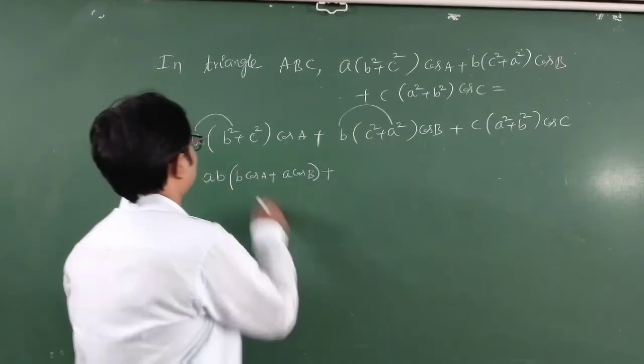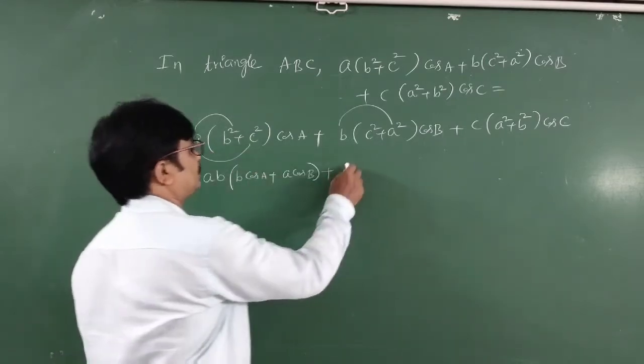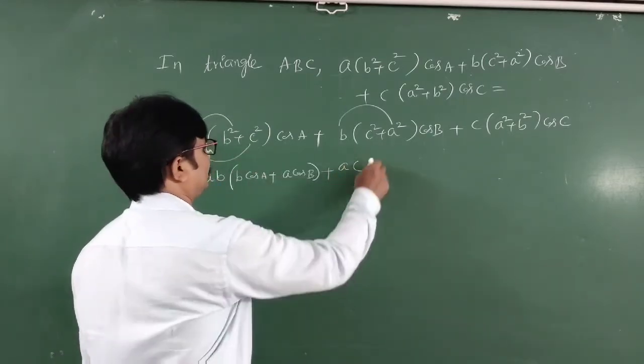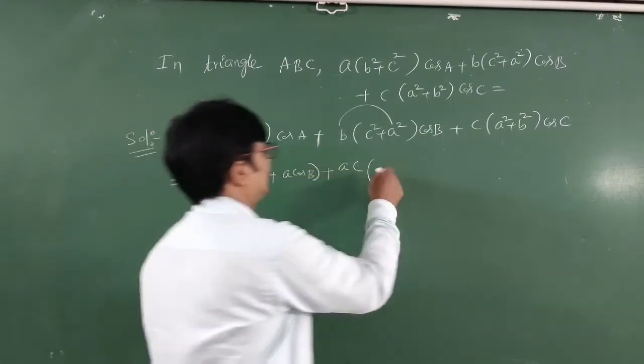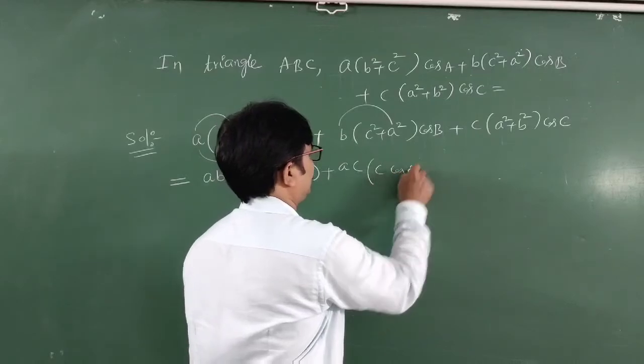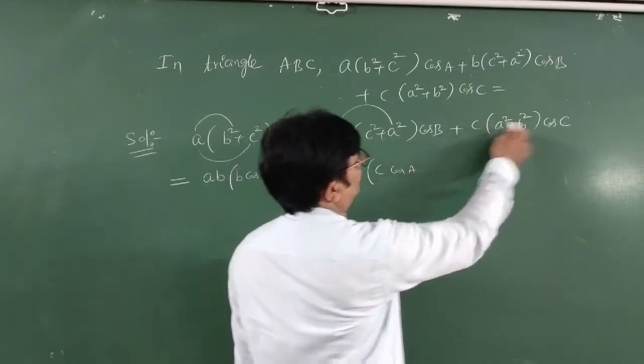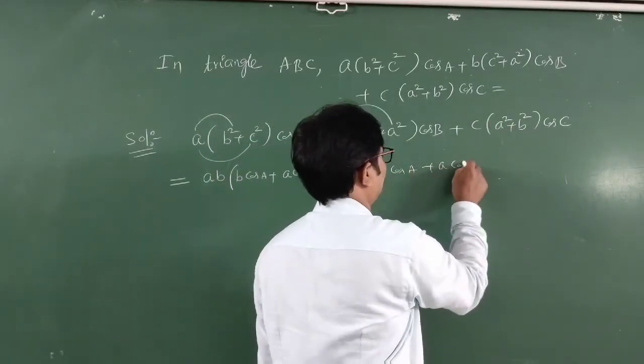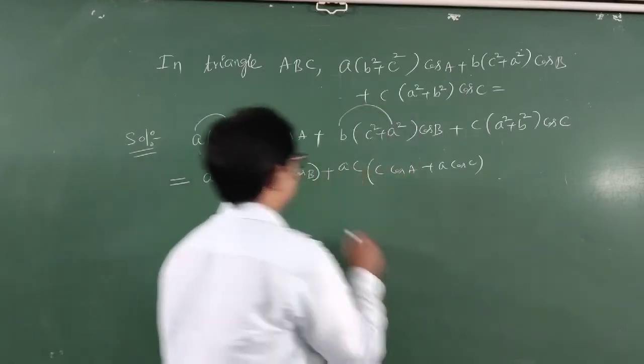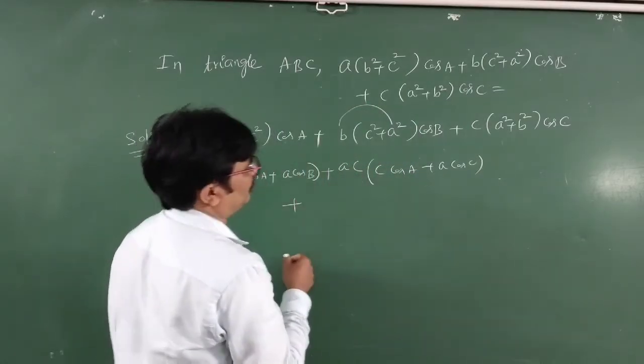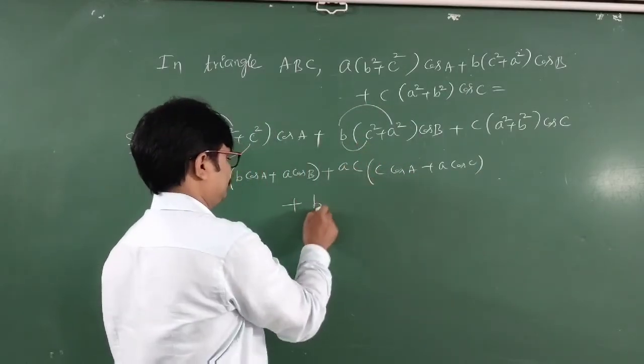After then students, we take the common ac. When we are taking ac, there is c cos A, after then a cos C. Similarly students, we have to take the common bc.